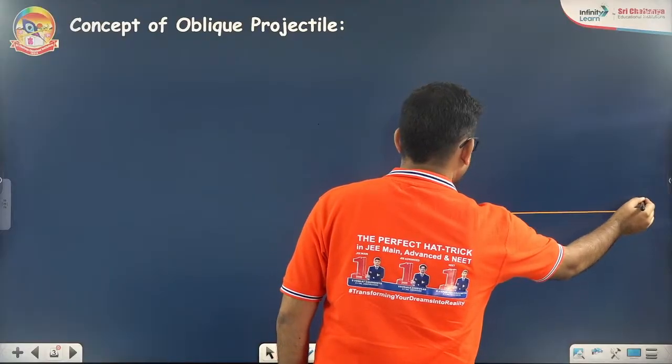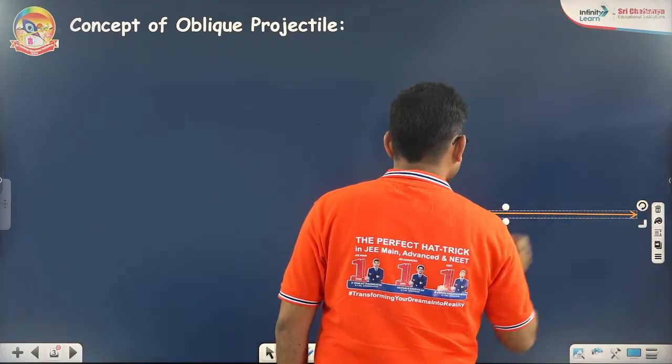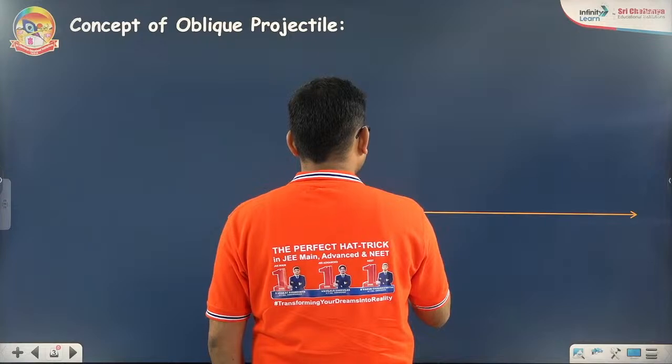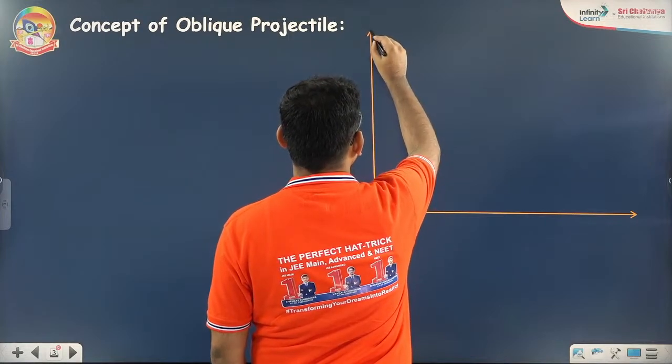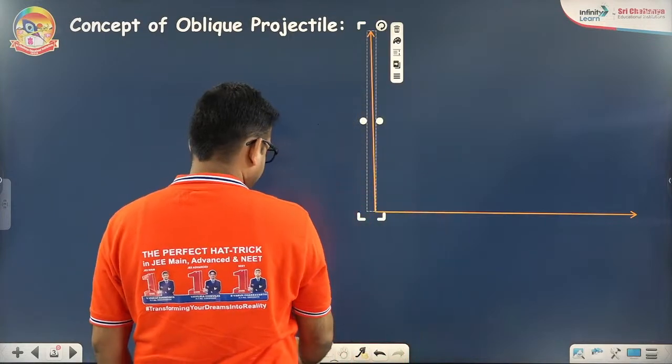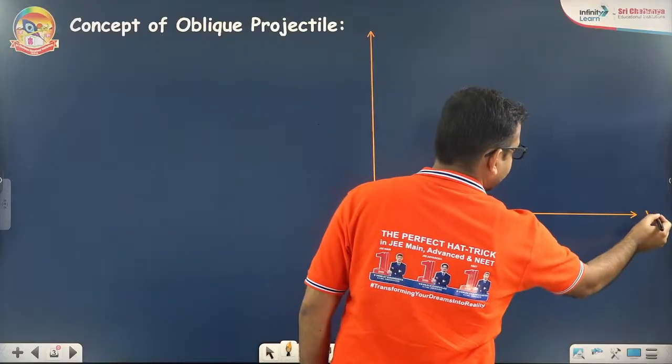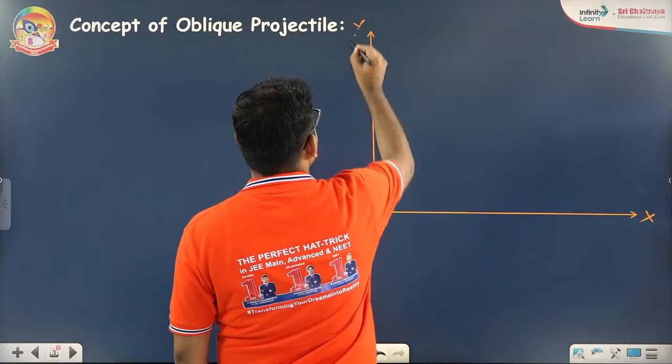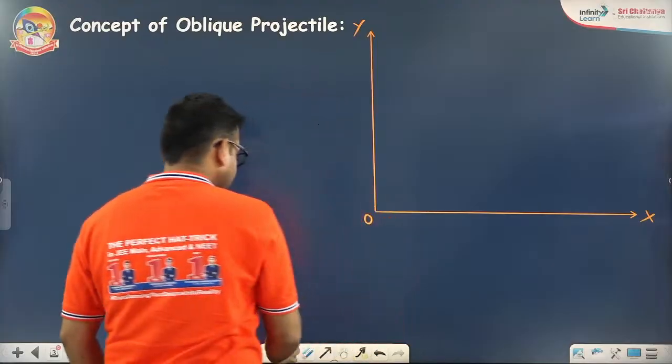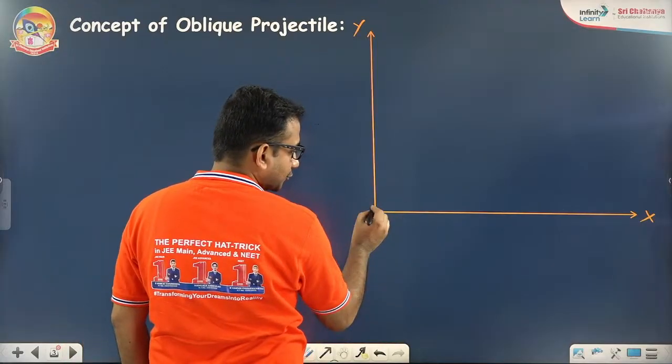Let us consider this as our x-axis, and here the y-axis. This is my origin, which I can take as the point of projection.